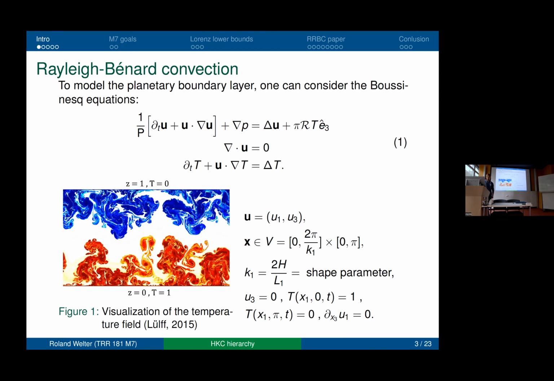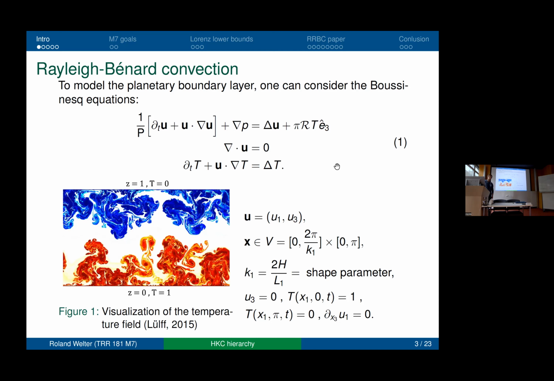And we've been using the Boussinesq equations as an approximation, a simplified model, which neglects moisture effects and also the entrainment boundary at the top of the planetary boundary layer.